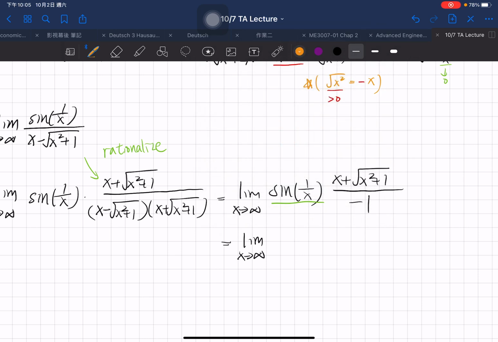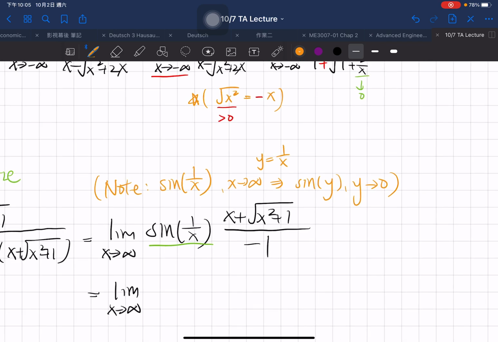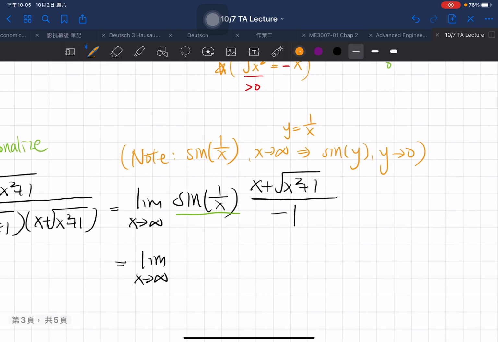Another important skill here is when you see sine of 1 over x and x goes to infinity, you can think of sine y when y goes to 0, because we can replace x with y equal to 1 over x. So y will equal 0 when x goes to infinity.